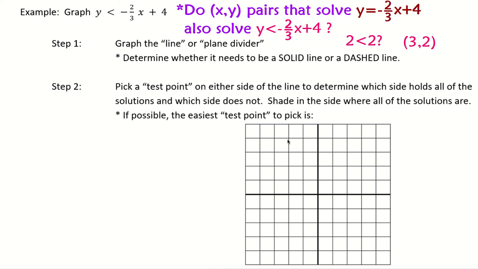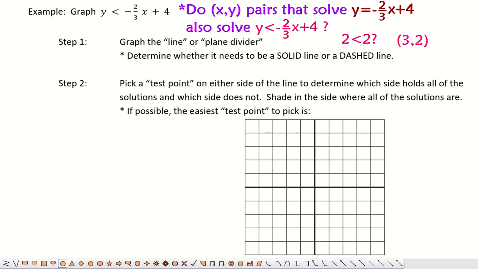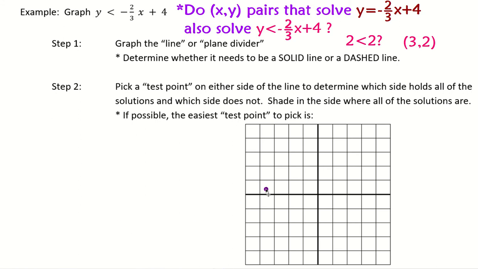So when we go to make this graph, we want to graph this line, but we have to remember that every ordered pair on this line is actually not a solution, like 3 comma 2. So let's graph this line.